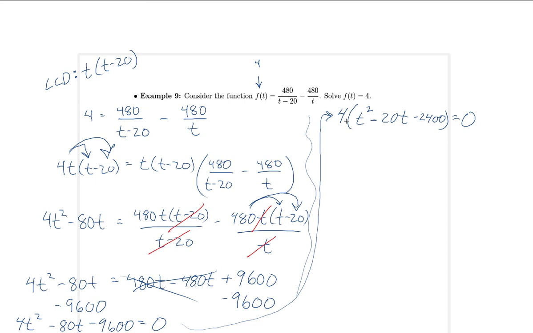In fact, if you wanted to, you could divide by 4 on both sides, and you're left with just t squared minus 20t minus 2,400. So what we have is a quadratic where a is equal to 1, b equals negative 20, and c equals negative 2,400.